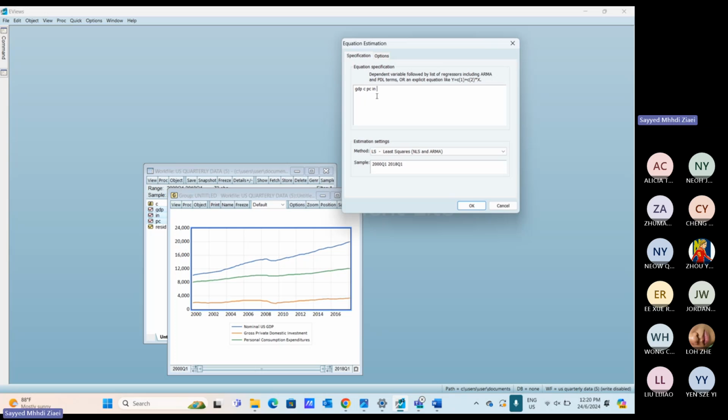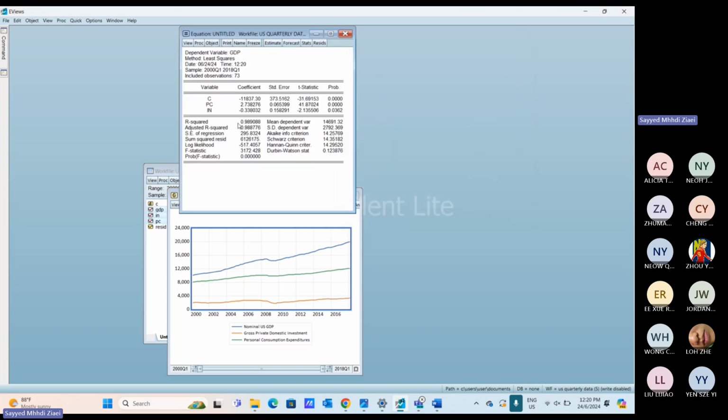So GDP C, PC, IN. GDP C for intercept, PC is the first, and IN is the second independent variable. And then you can do the regression and get the result here. So again, copy whatever you have here and paste it.